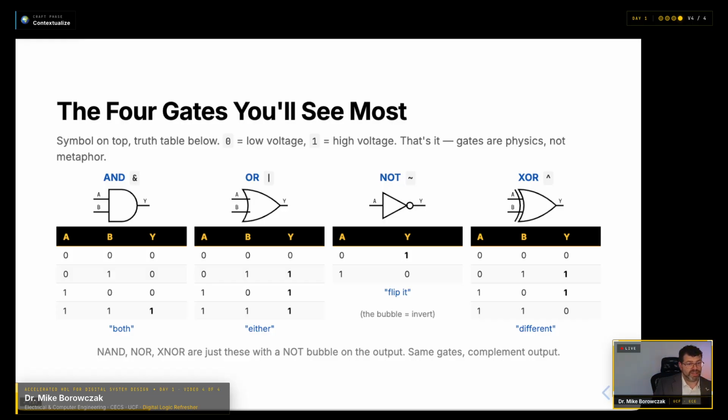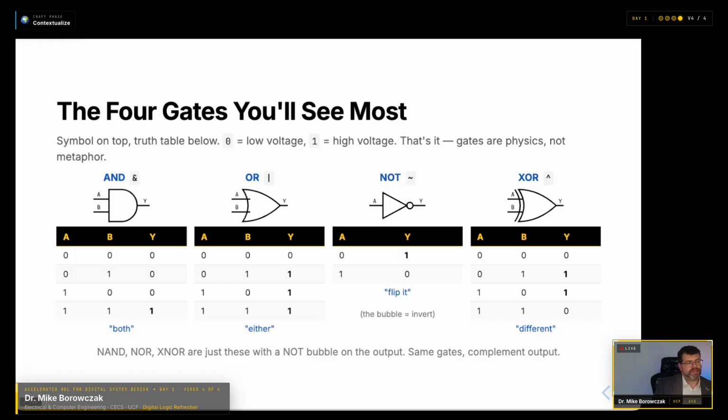They are not some metaphor to anything else. They are physics. So, AND gate, two inputs for the basic one, A, B, output Y. The symbol that gets used in Verilog is the ampersand. So A and B, both of them have to be true or high voltage for the output to be high.